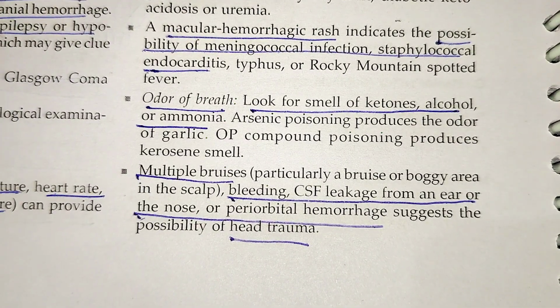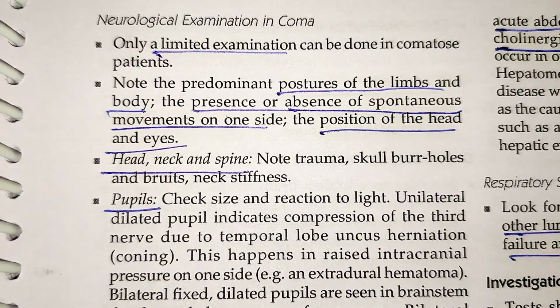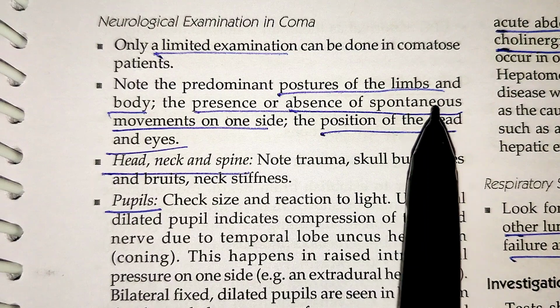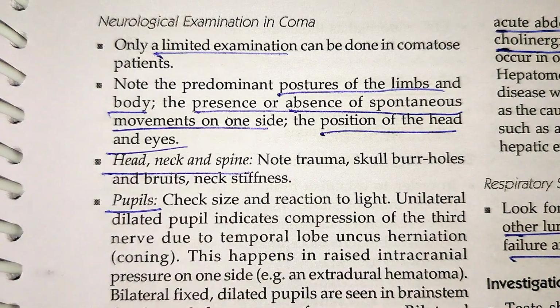Then let's see about neurological examination in coma. In case of a comatose patient, only limited neurological examination can be done. So we'll first see the posture of the limb and body, presence or absence of spontaneous movement on one side, position of the head, position of the eyes, then head, neck, and spine.